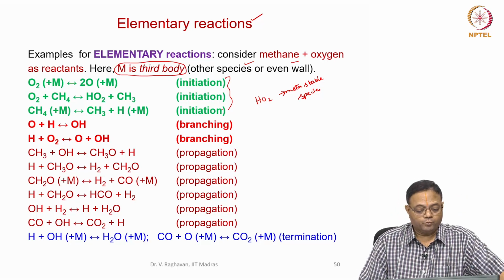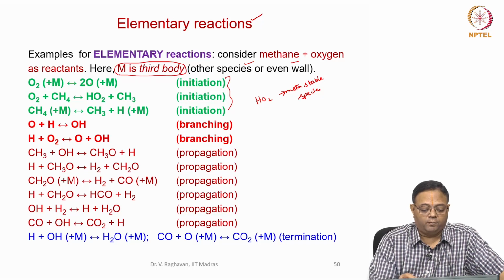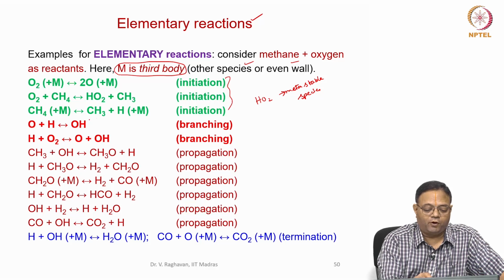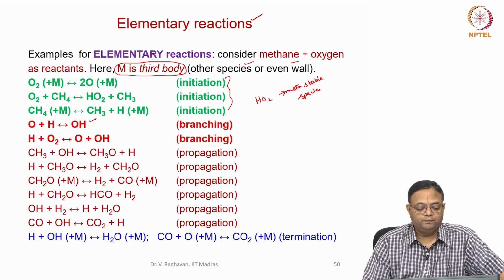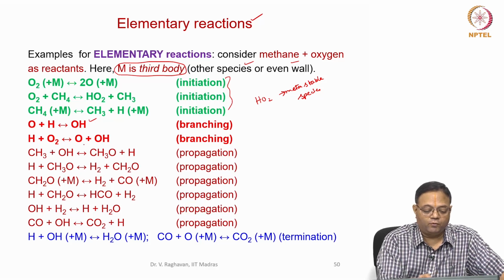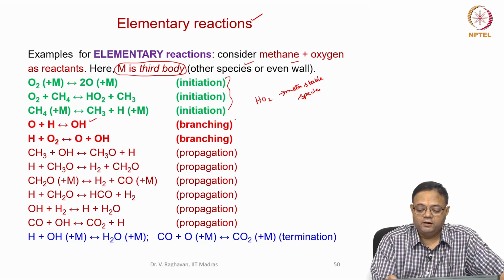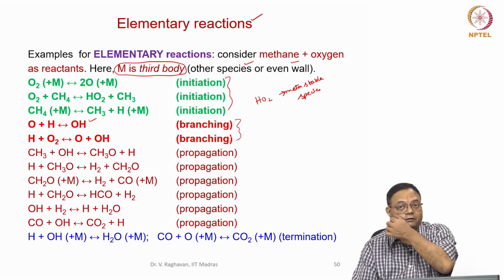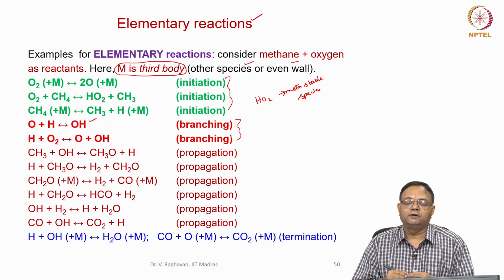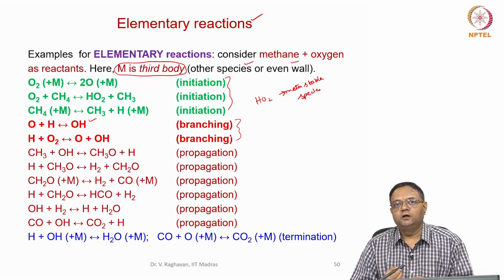Now you can see O is formed, H is formed here. So then OH will be formed. That is when radicals react to form more radicals, like H plus O2 forming O plus OH, two radicals are formed here. This is branching. That means when multiple radicals are formed or only radicals are formed, then they are called branching reactions.